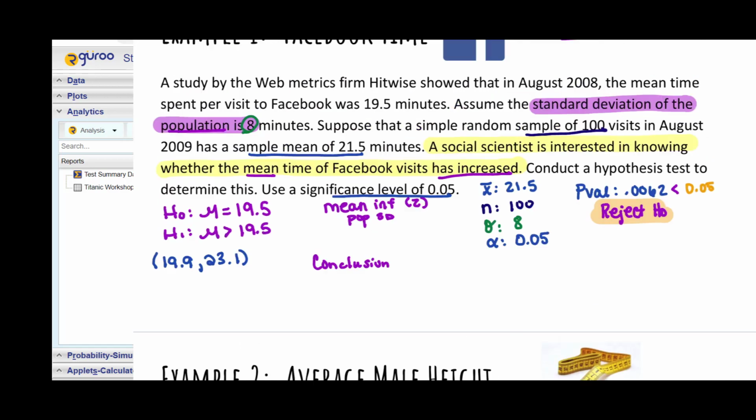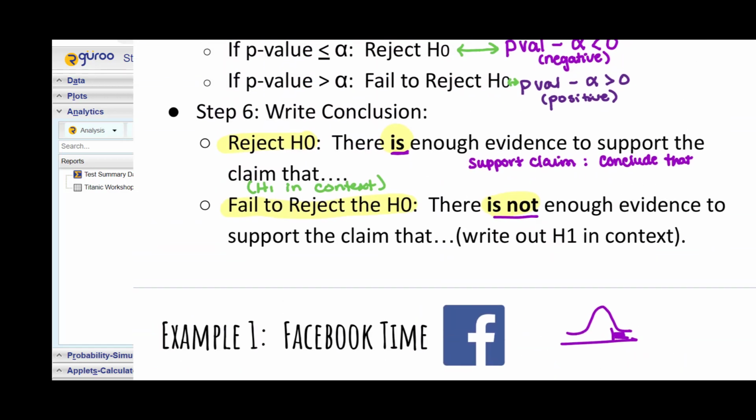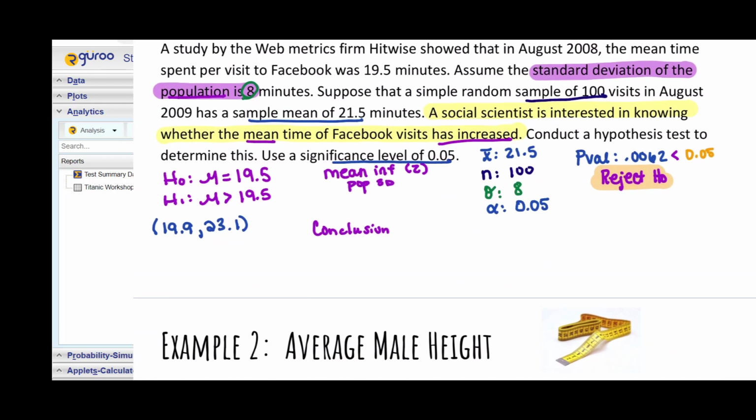And so if you'll recall, if we reject the null, we say there is enough evidence for H1. So here's my conclusion. There is enough evidence to conclude H1 is true, right? So what was H1?